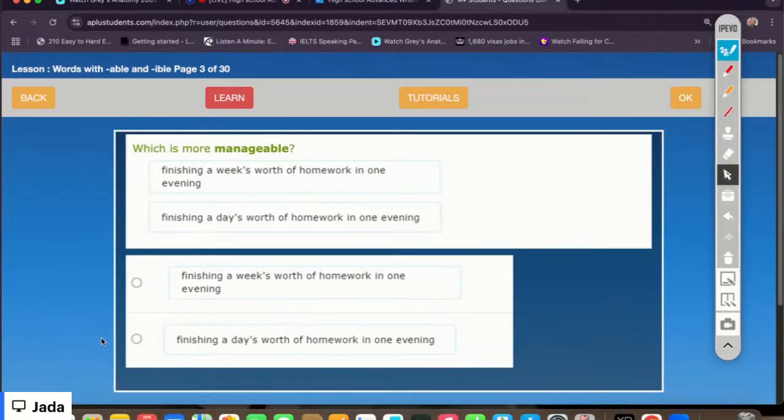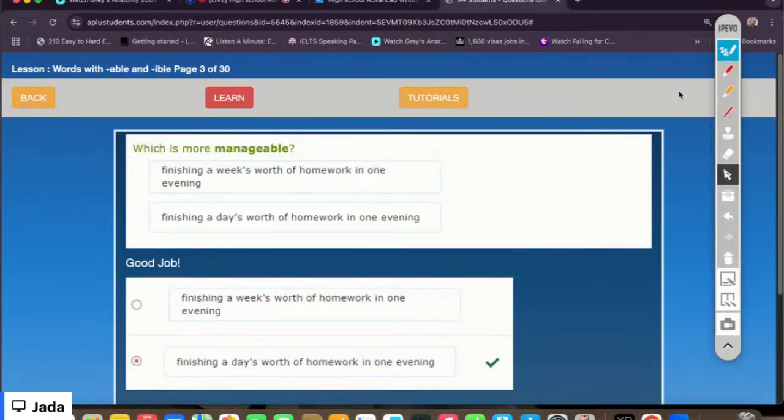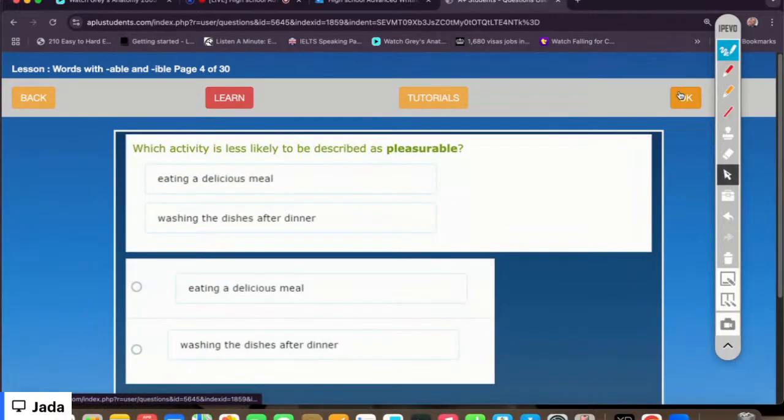Alright, so finishing a day's worth of homework in one evening is more manageable. Okay, so which activity is less likely to be described as pleasurable? Eating a delicious meal or washing the dishes after dinner?